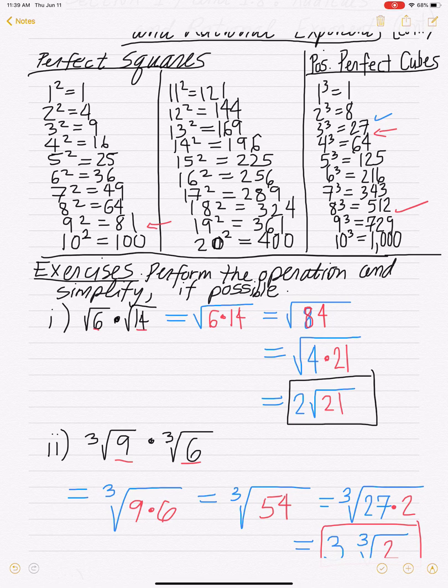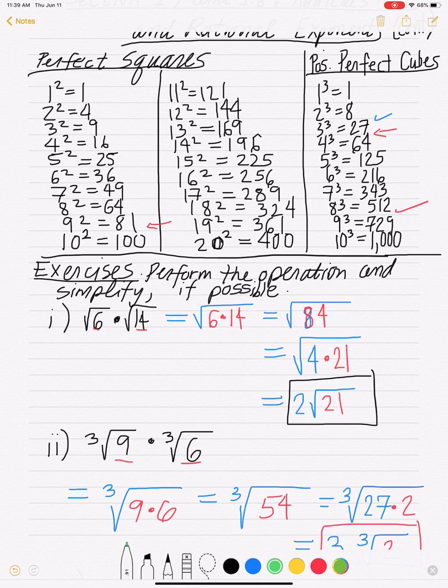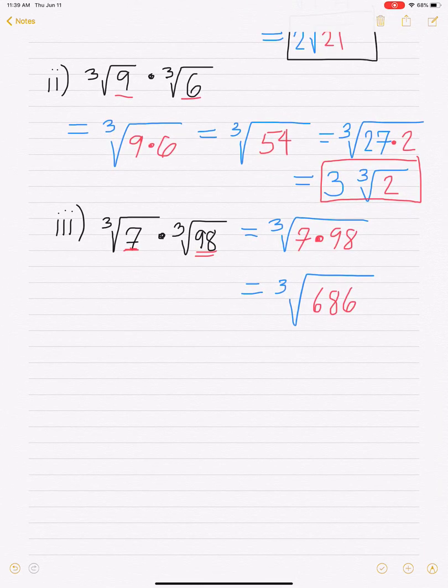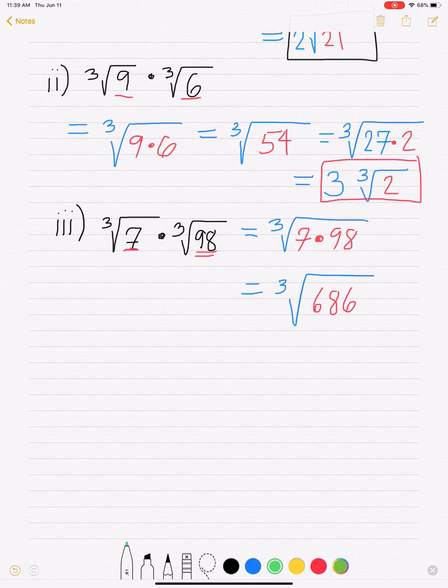That guy right there. So 343 is a factor of 686. So let's write it this way. Cube root of 343 times 2. That's the way 686 breaks down.